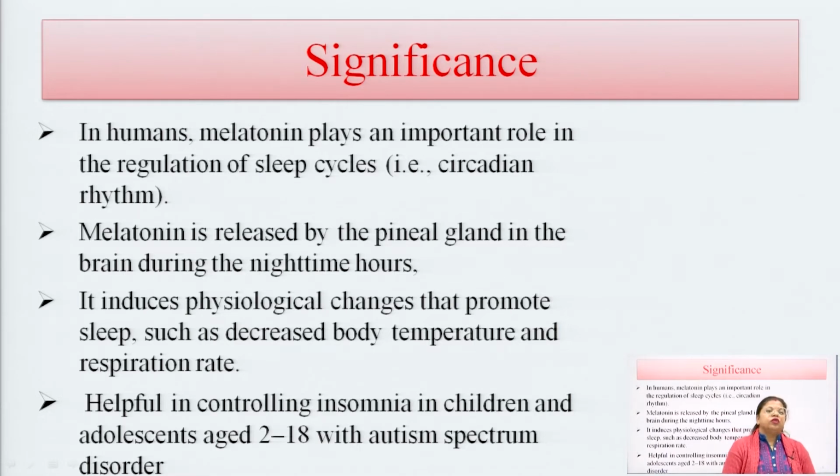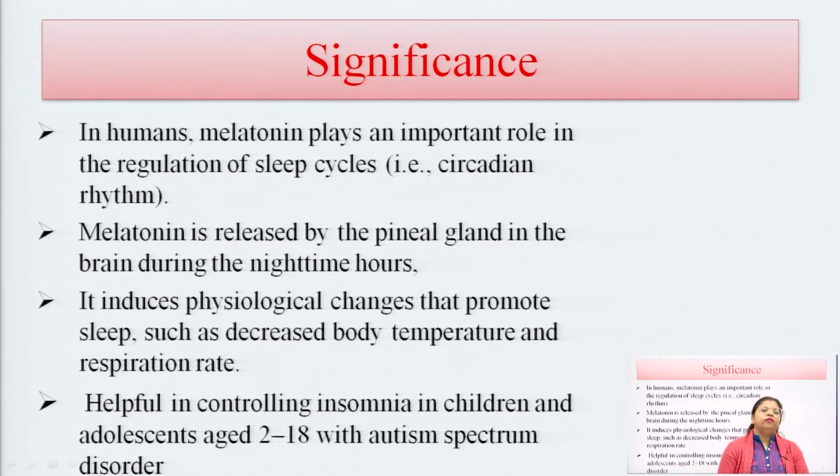At the time of the sleep condition, the circadian cycle, our body temperature and respiration rate are also decreased by melatonin, so that a person can easily take sleep and there is no other pressure in our body. So it causes a physiological change to control our temperature and respiration rate.